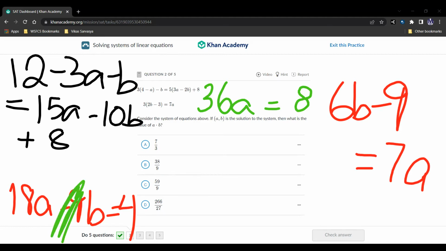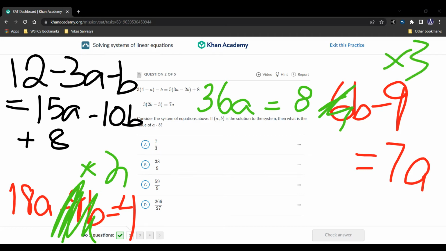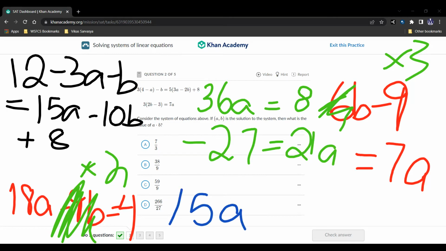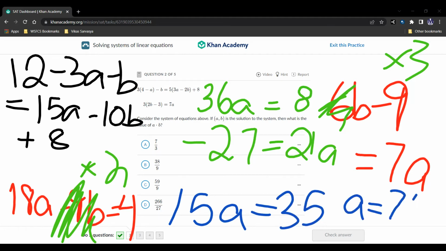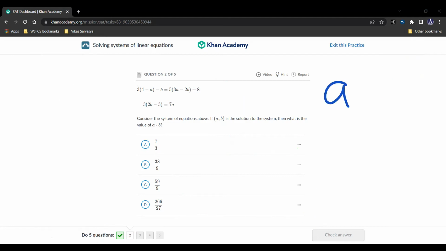Right, so we can just get rid of this part, multiply this by 2, multiply this by 3, and then we get that negative 27. Same thing, and we get 15a equals 35. So a equals 7 over 3, and then we plug that into our equations.